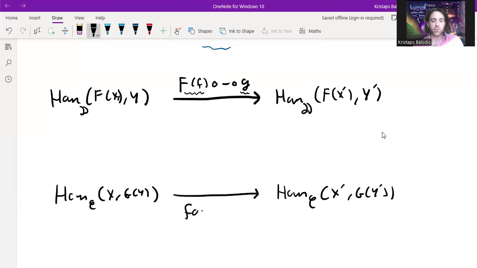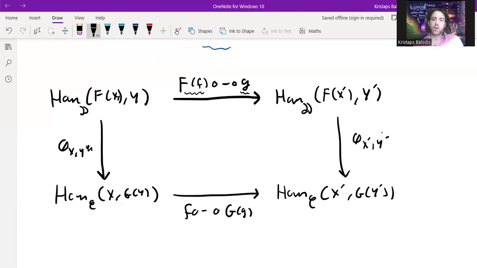Same thing down here, post-composition by f versus pre-composition by g of g. So either way, it's literally the same map. And of course, here is theta x, y. And down here is theta x prime, y prime. Okay, so this diagram should commute, right? That's what it means for all of these choices of maps to be compatible.